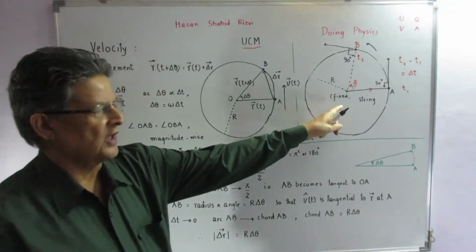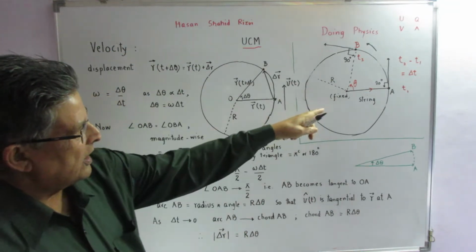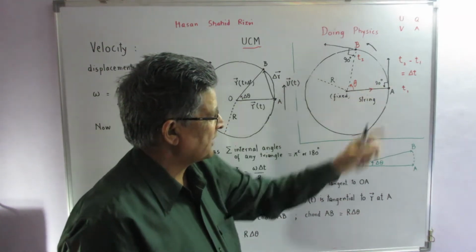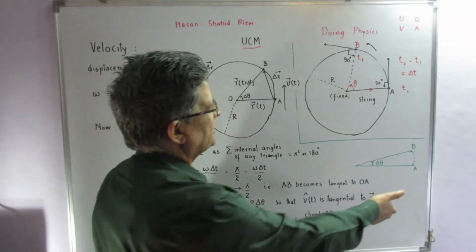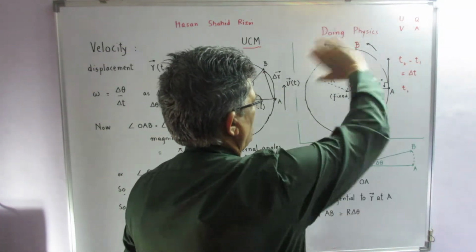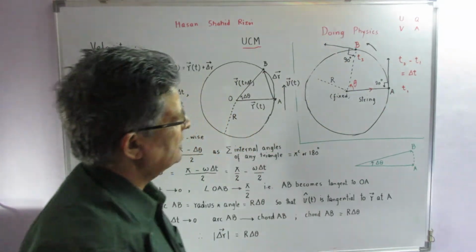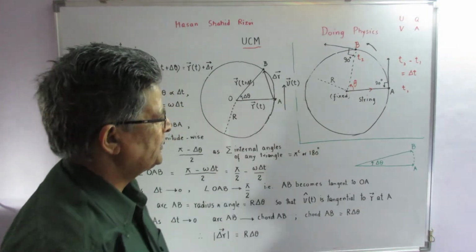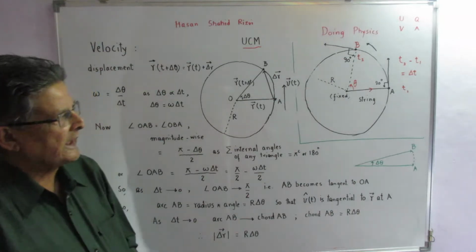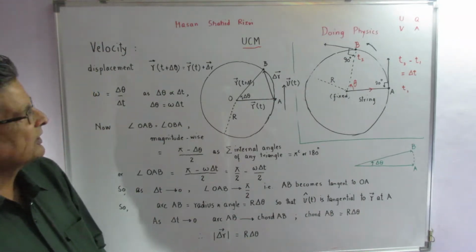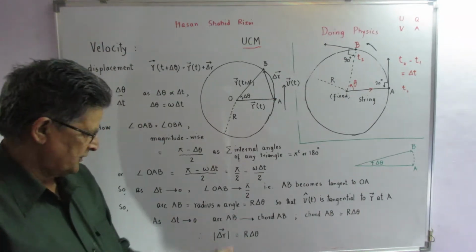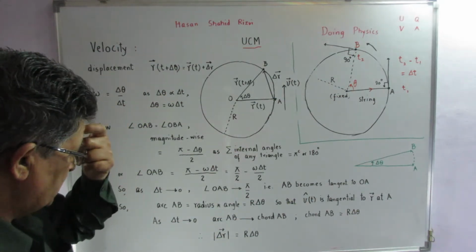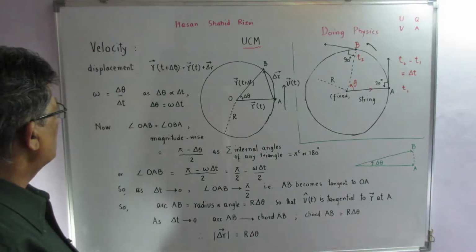I didn't discuss that before, but there is a string in which there is an amount of tension, and then going in the positive anticlockwise or counterclockwise direction, the uniform circular motion is taking place with equal angles traversed in equal intervals of time, which I have discussed in the previous lecture.